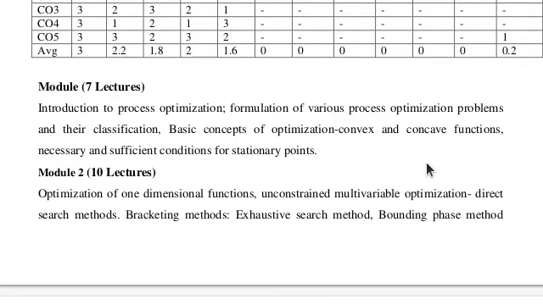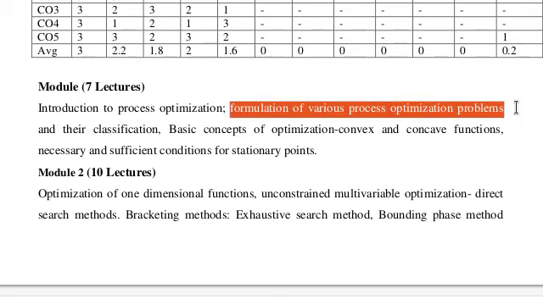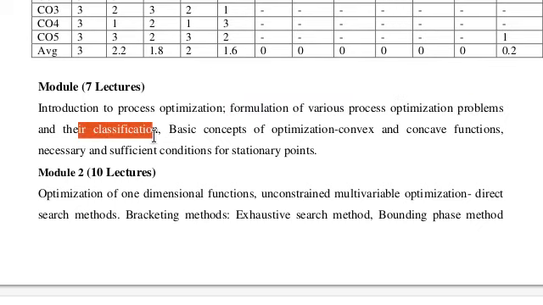So we are coming to the main point, that is the module 1. I think that by mistake this is a printing mistake, 1 is not there. So it is like this: introduction to process optimization, formulation of various process optimization problems and their classification, basic concepts of optimization, convex and concave functions, necessary and sufficient conditions for stationary points.